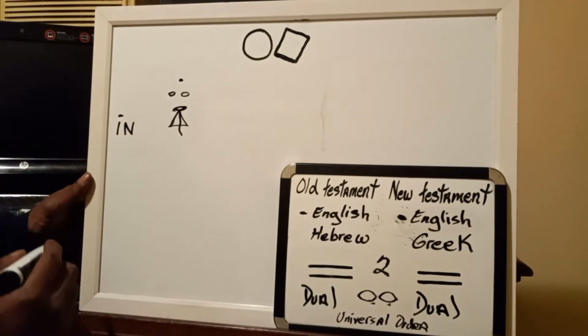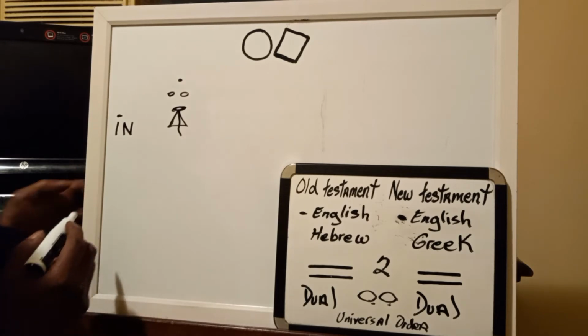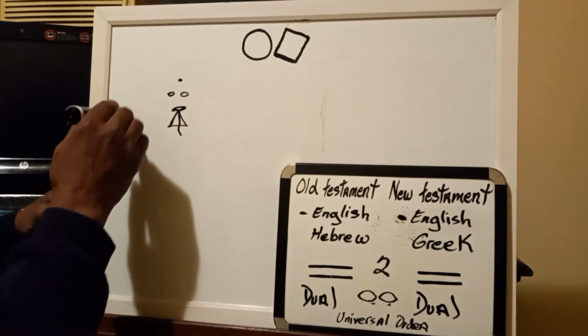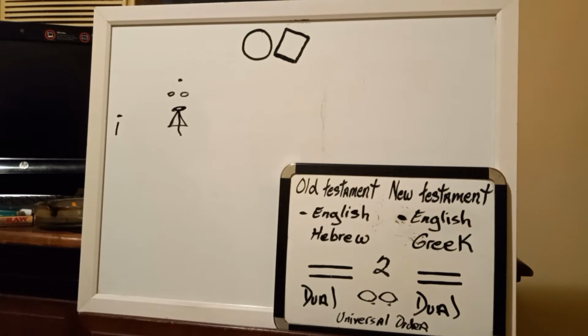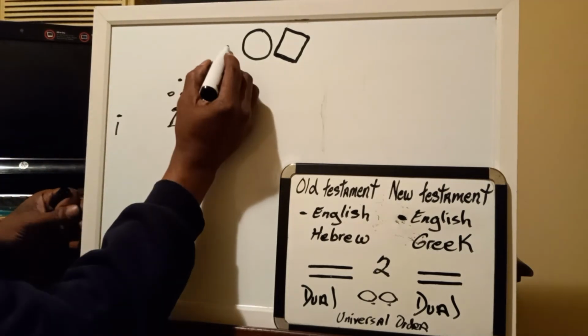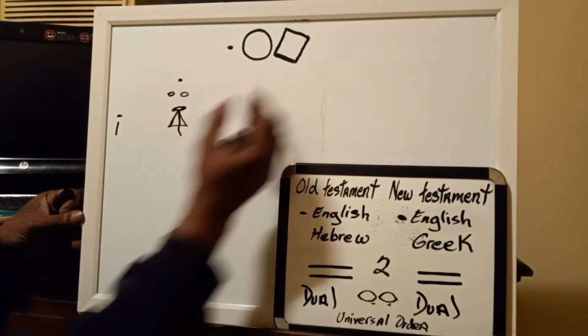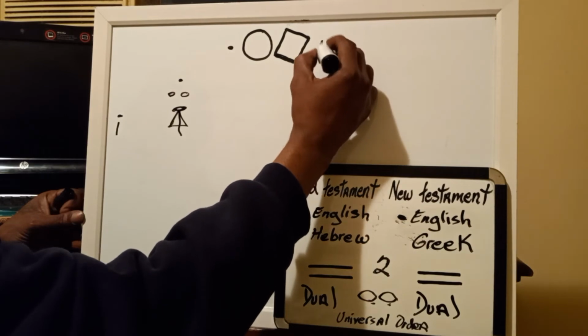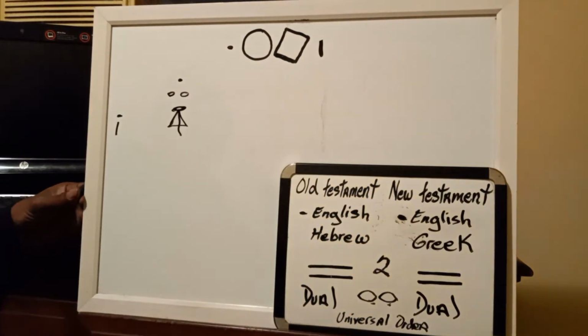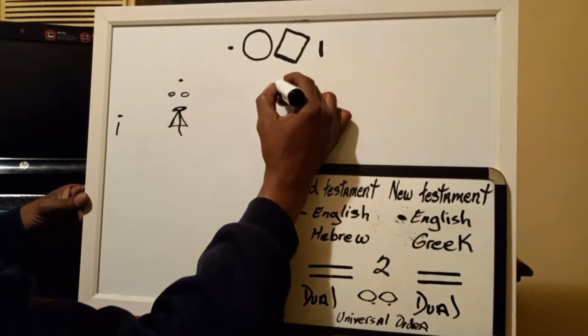Now, something else I wanted to show you with this word eye. This eye is nothing but this circle and this square. That's what it is. And I is the 9th letter.